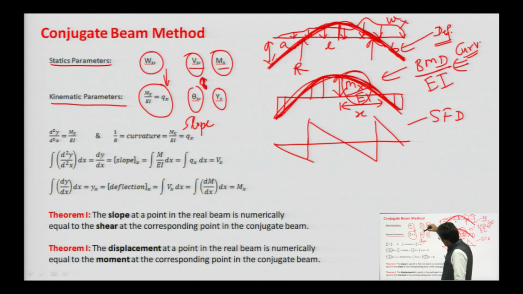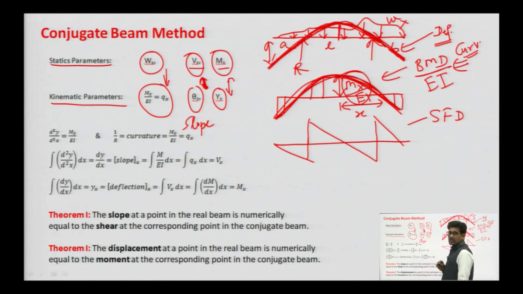Then slope is directly interlinked with shear force, and similarly bending moment and displacement are conjugate with each other. Slope and displacement are conjugate with shear force and bending moment respectively, if the bending moment of the beam is replaced by curvature.